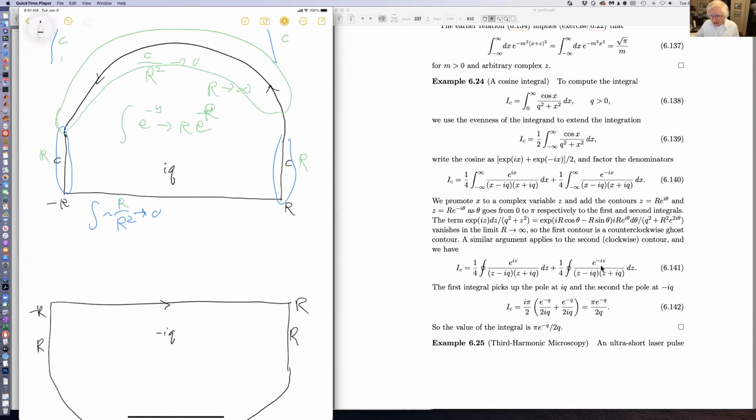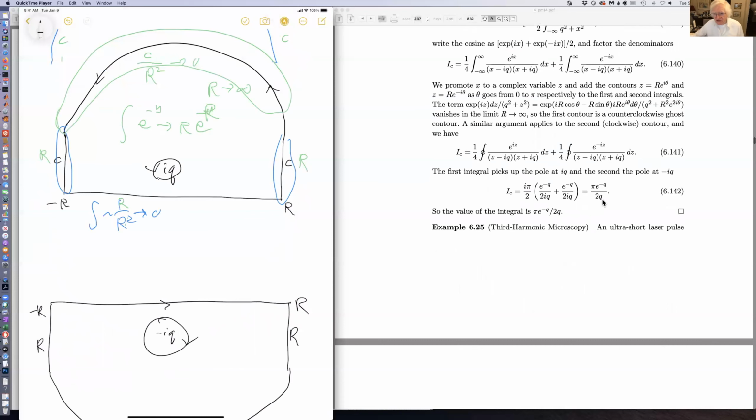This one is going around this way, and that one is going around the wrong way, clockwise, and we then use Cauchy's integral theorem twice, and we get i pi over 2 e to the minus q over 2iq, plus e to the minus q over 2iq. And so altogether it's pi e to the minus q over 2q. So that's the value of the integral.